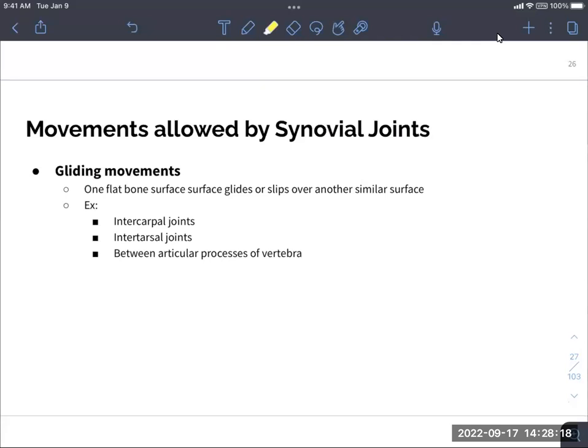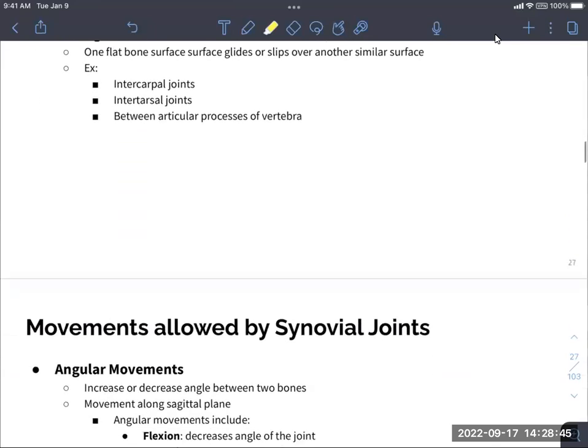Same with the intertarsal joints. The tarsals are the bones of mostly your ankle. They glide over each other. The articular processes of the vertebrae. So again, if you think of the superior and inferior articular facets of the vertebrae, when they're together, they slide back and forth to allow you to move.